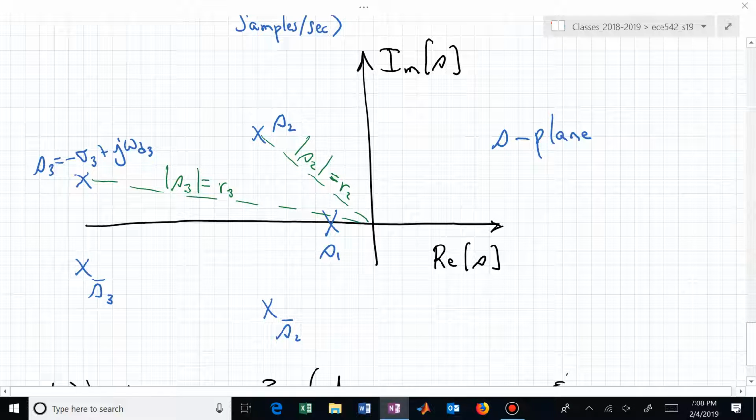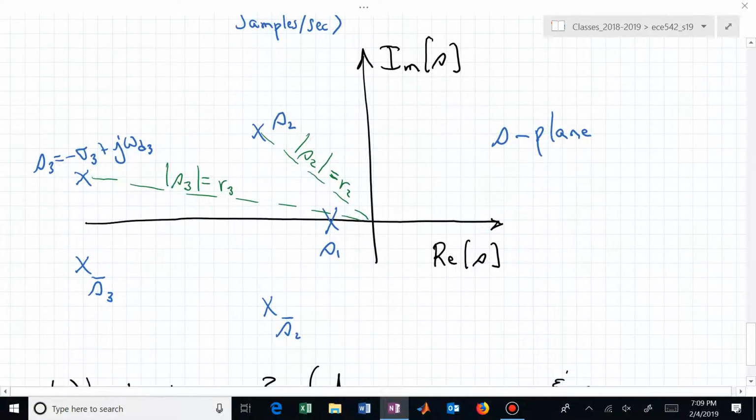How would you go about finding capital T, the sample period, if I gave you this plot and I labeled it so that you could find these particular locations for S1, which is a real pole, S2 as complex conjugate, and S sub 3 as a complex conjugate pair?